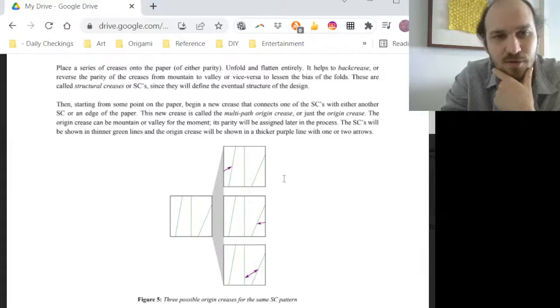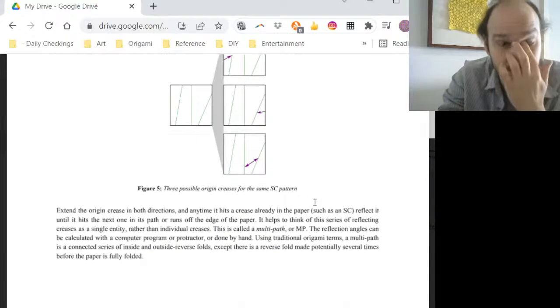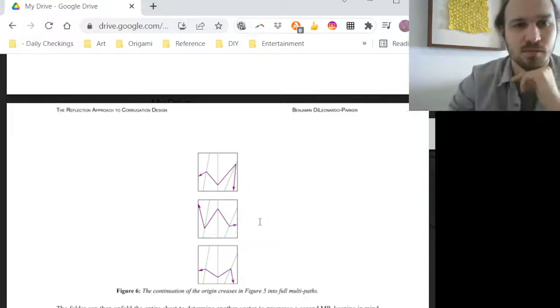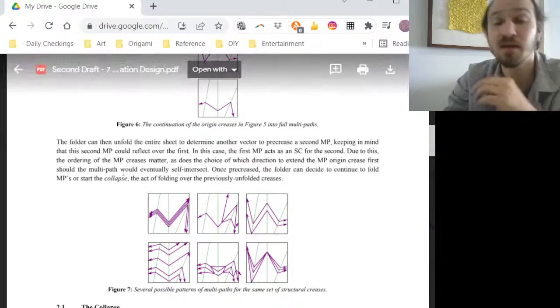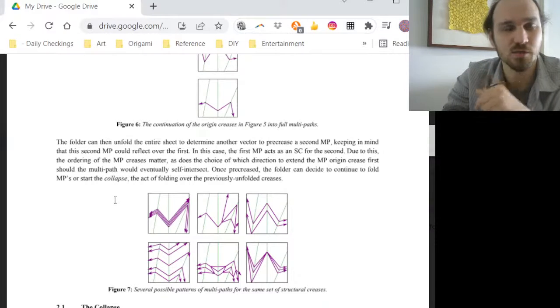You have these primary creases. You have the reflection lines. Even kept with the same color coordination that I had there, and then as you proliferate that throughout, it goes until it goes off the paper. You can do multiple secondary collapse creases. I called them different things back then. Matt and I have been tweaking the language.